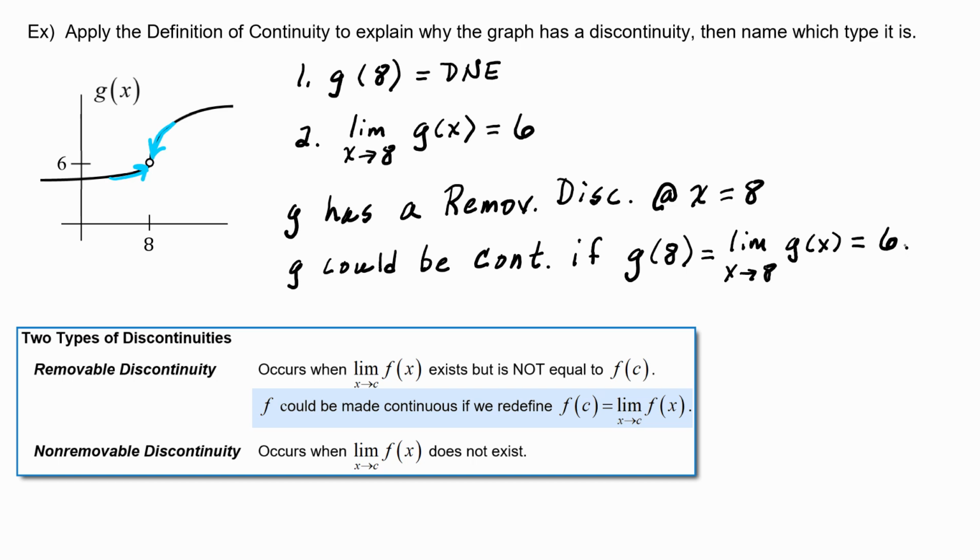So in other words, because this discontinuity is caused by this single point, if we could just redefine that point to equal the limit value, then we would have a function that's continuous at x equals 8. So this right here is where we redefined g of 8 to equal 6.